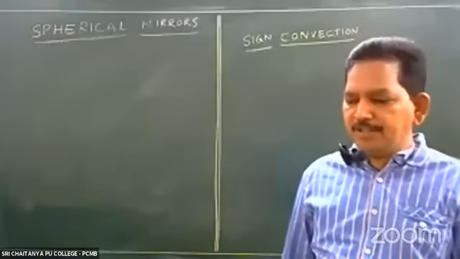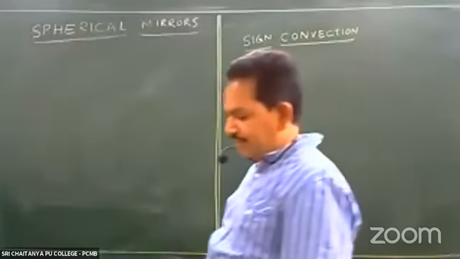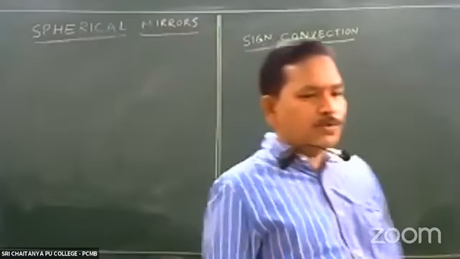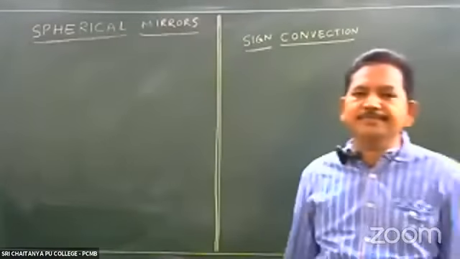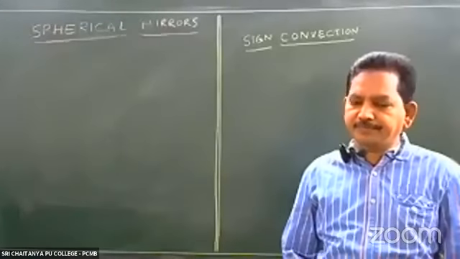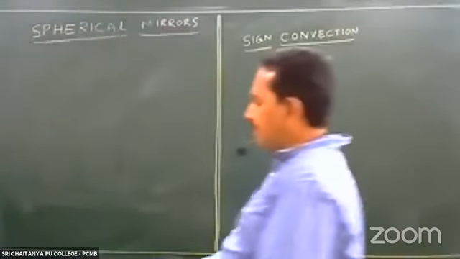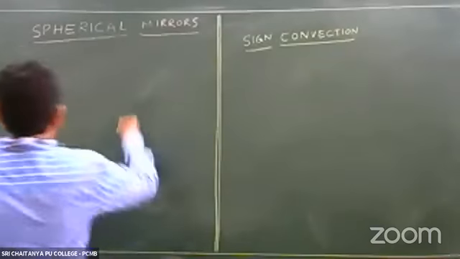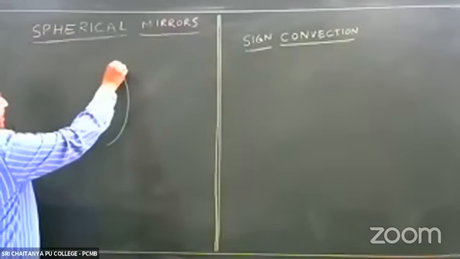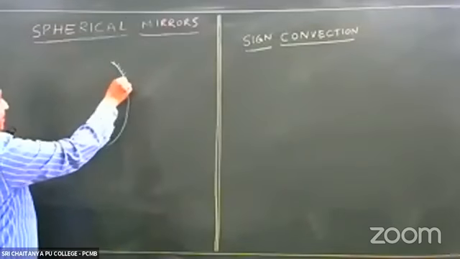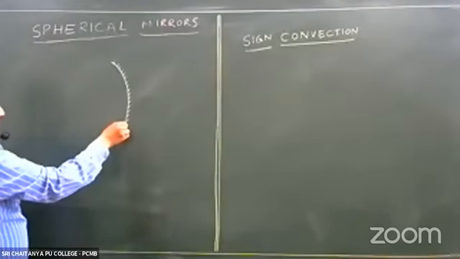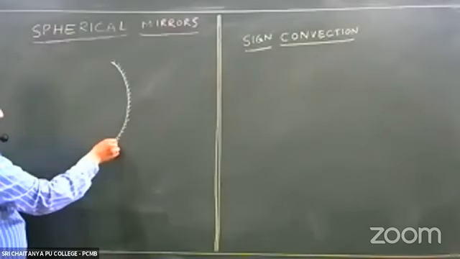So, continuation of the previous class, we are discussing the spherical mirrors. We know spherical mirrors are of two types, concave mirror and convex mirror. When we consider the concave mirror, the outer side of the surface is polished, whereas the inner side is the reflecting surface.